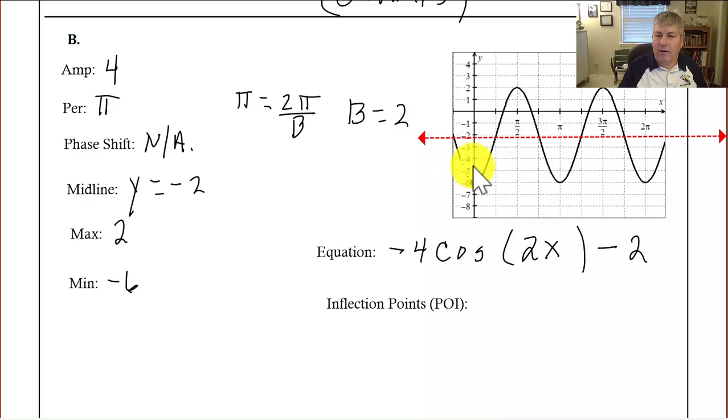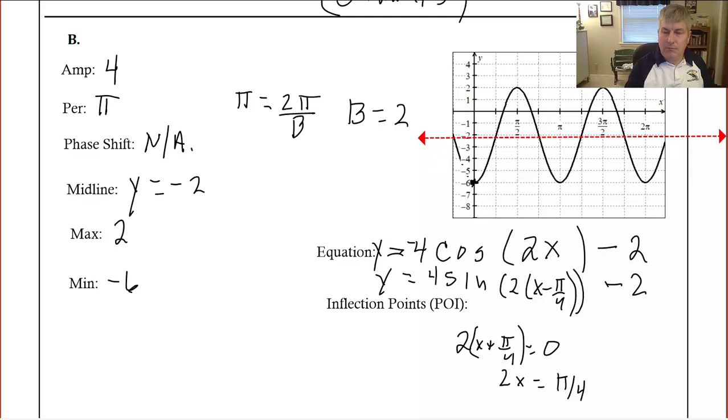If I start here at 0, there are other possibilities. We could do a phase shift to the right of pi over 4, and this could be a sine curve then with a phase shift of pi over 4. So we could also see this as y equals positive 4 sine of 2 times the quantity x minus pi over 4, minus 2.